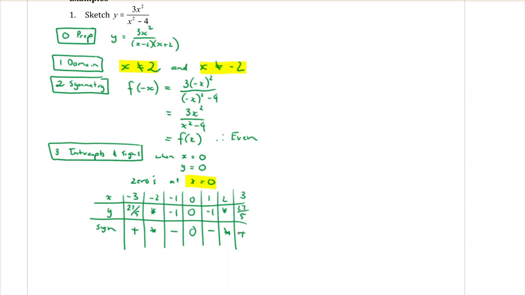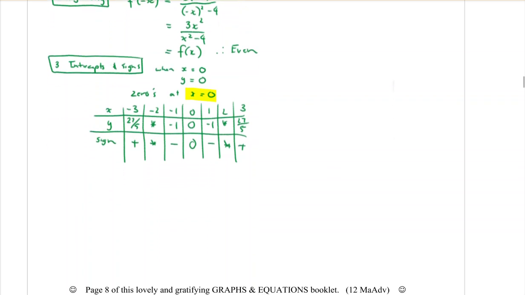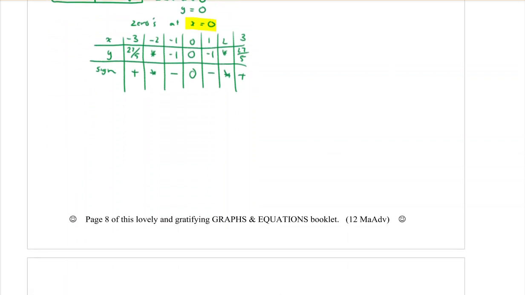Okay, part 4, we now want to find our asymptotes. Starting with the vertical, we already know that it's going to be at x equals plus and minus 2. There are two asymptotes.